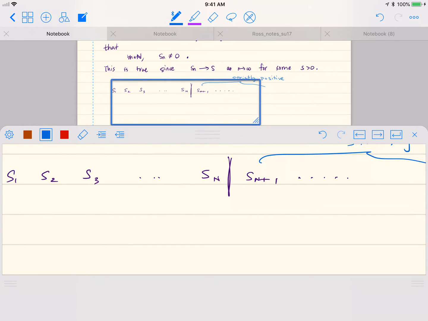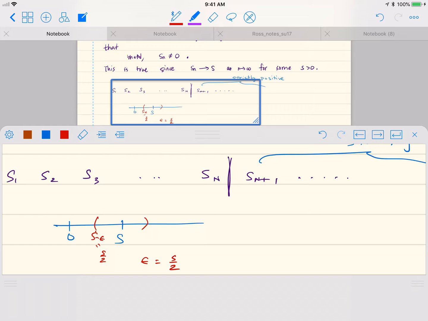Here's 0, here's S, our limit. If we let epsilon equal S over 2, then S minus epsilon is S over 2.